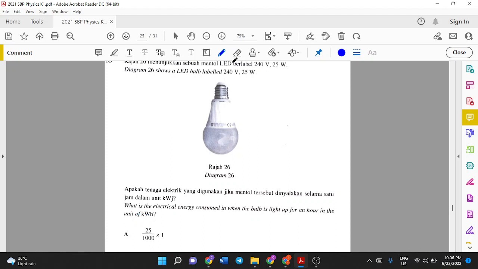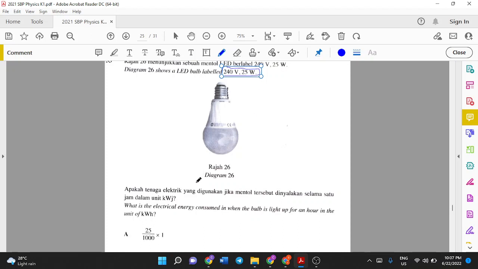Okay, so what is meant here is that when the LED bulb is supplied with 240 volts main supply, the LED will consume 25 watts of electrical energy.